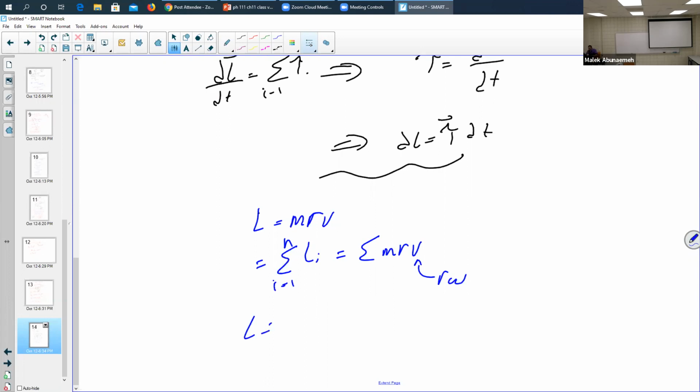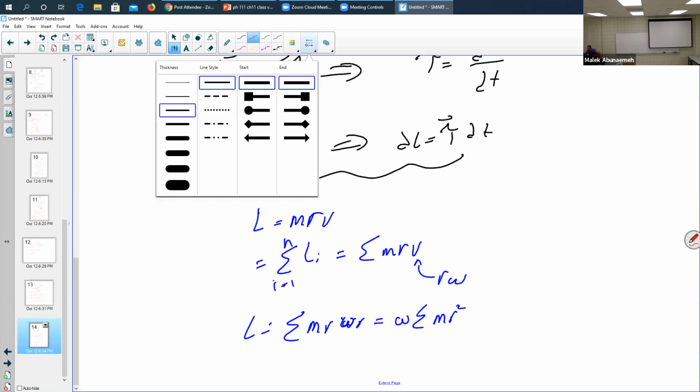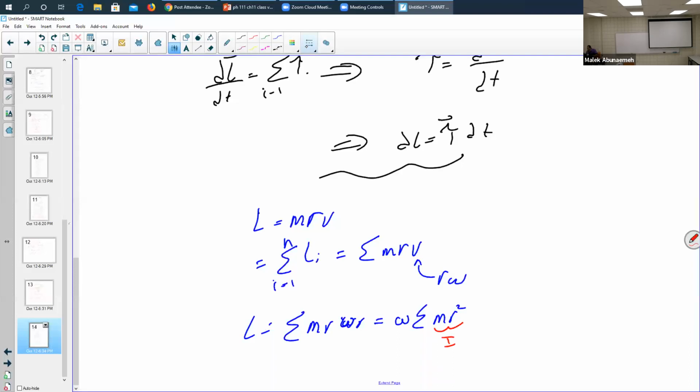That means your angular momentum equals the summation of M R omega R, which is, again, this is omega, your omega times the summation of MR squared, which again, MR squared, that's your I. That means your angular momentum equals I omega.